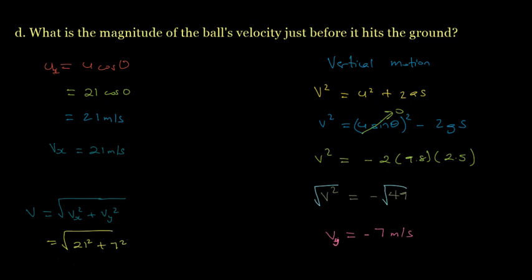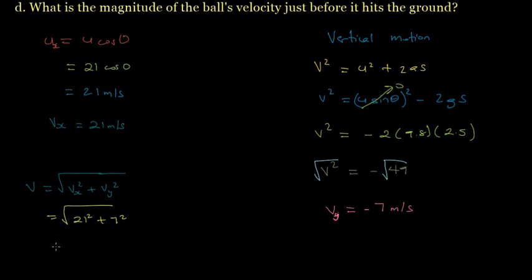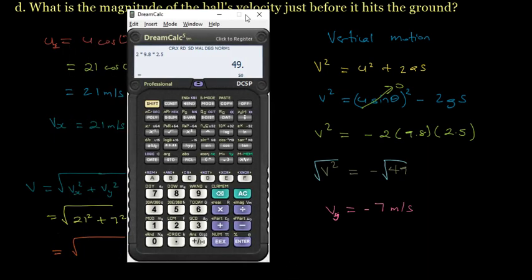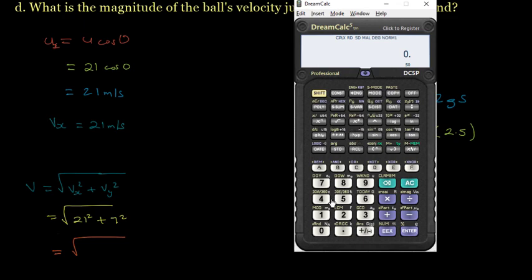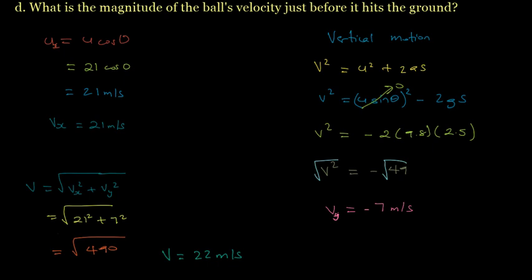So V is equal to the square root of 21 squared plus 7 squared, which is 441 plus 49, so this is 490. Taking the square root of 490, we get V is equal to 22 meters per second. So that would be the final velocity just before it hits the ground.